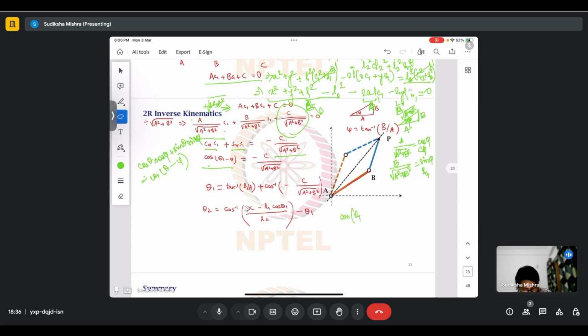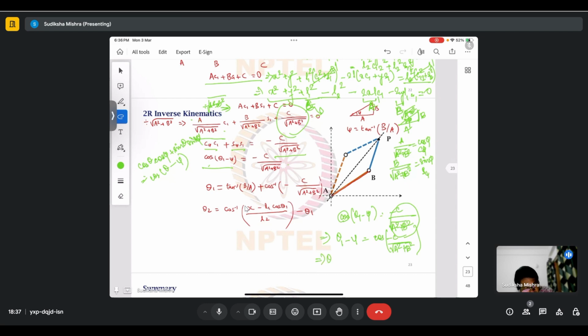You now have cos (theta 1 minus psi) is equal to minus C by root over A square plus B square. This you can apply cos inverse on both the sides. So theta 1 minus psi is cos inverse of minus C by root over A square plus B square.